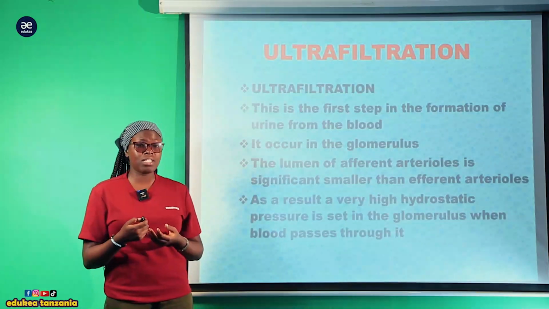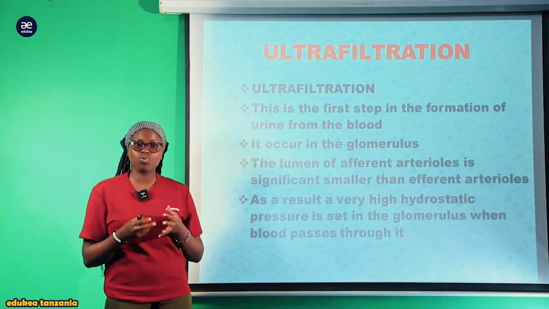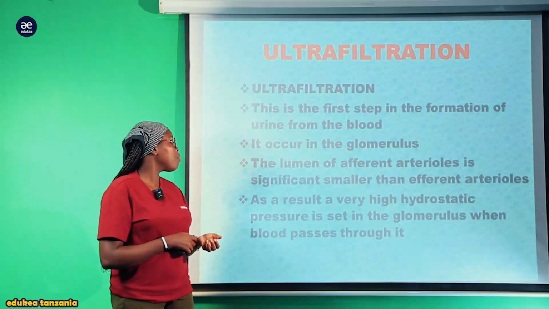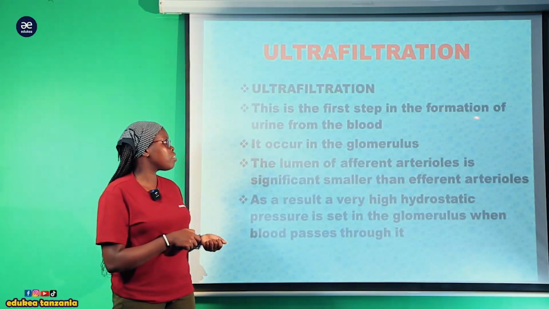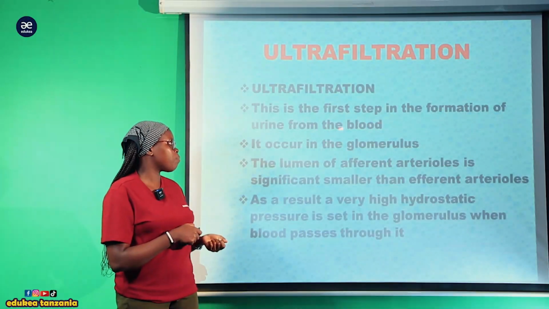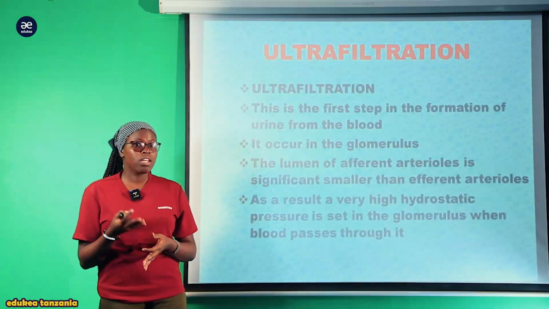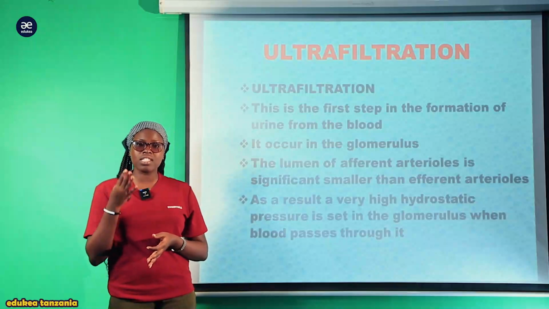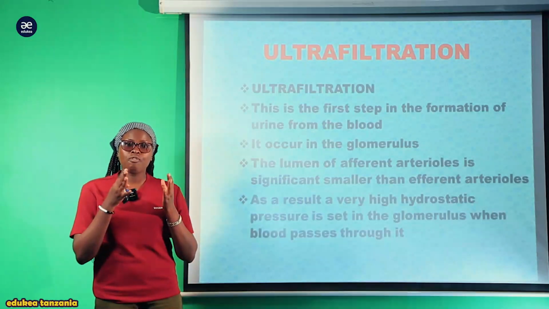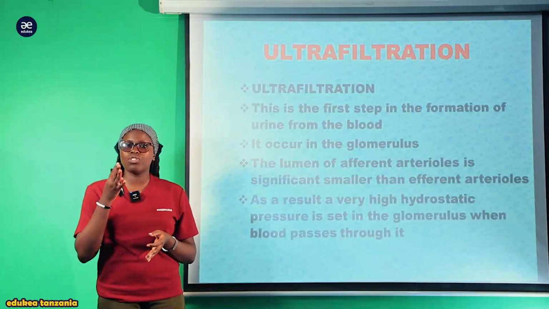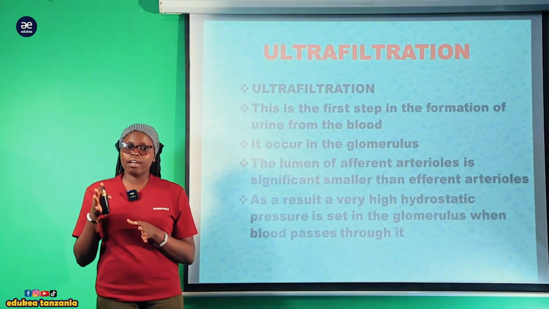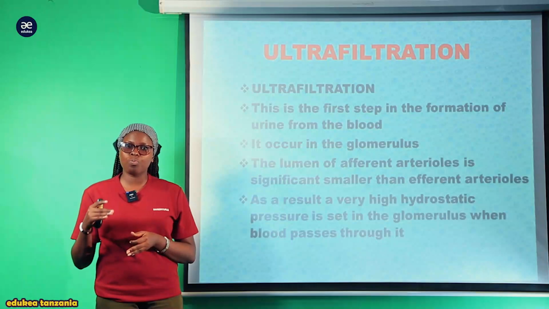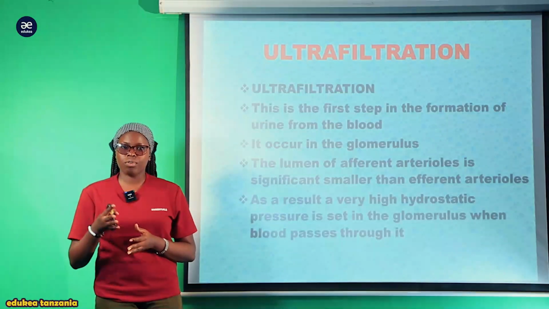Starting with the first part, which is ultrafiltration, we are going to cover the components which are dealing with ultrafiltration. Ultrafiltration is the first step in the formation of urine from the blood. Ultrafiltration ni kama kuchuja. It occurs in the glomerulus, because the glomerulus is made of tiny blood vessels which are responsible for filtering different blood components carried by the blood, ambapo zinaenda kuchujwa, na zile ambazo zitakazopita ndio zinaenda kufanyiwa further processing.